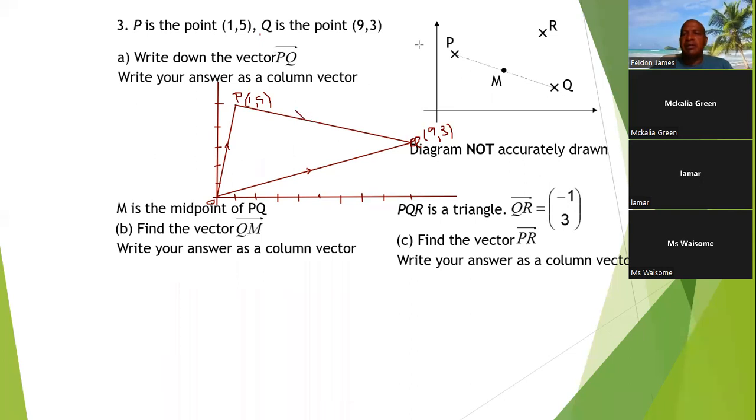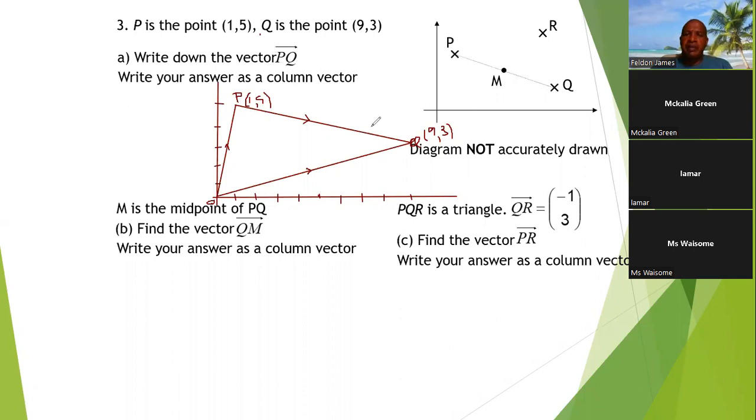Sorry, let me fix this. So this is the vector PQ, and they want you to find that vector in terms of its position value, meaning the coordinates value. All right.